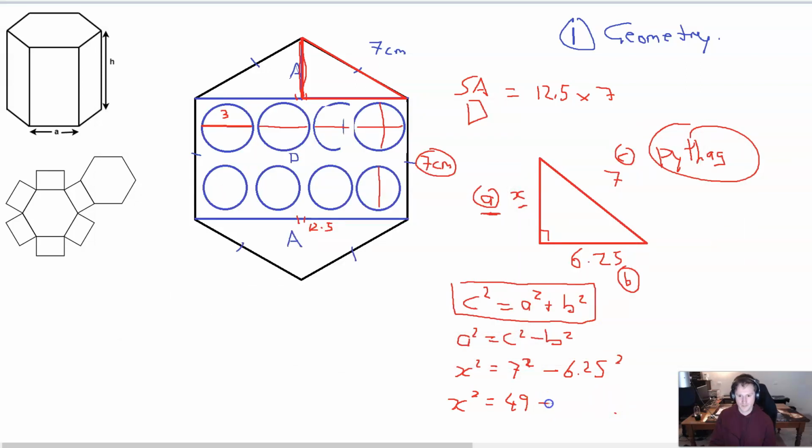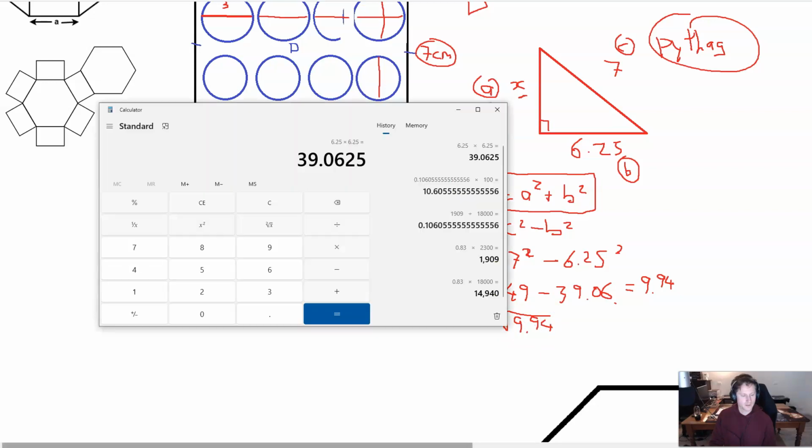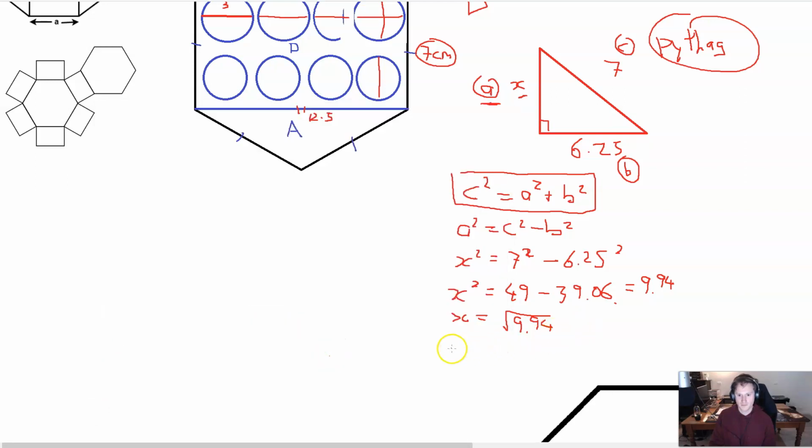We'll just round up. So x squared is going to be 9.94. So x is going to be the square root of 9.94. So 9.94 square root is 3.15. So x is equal to 3.15 centimeters.